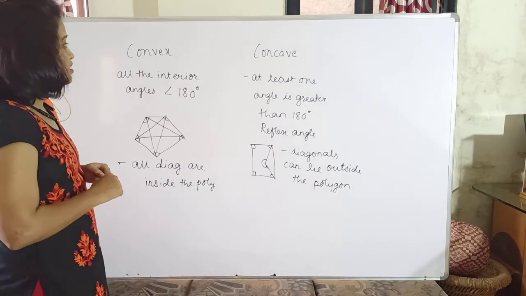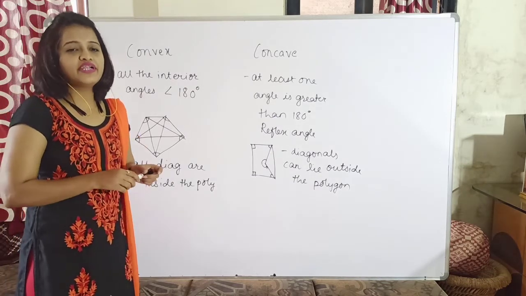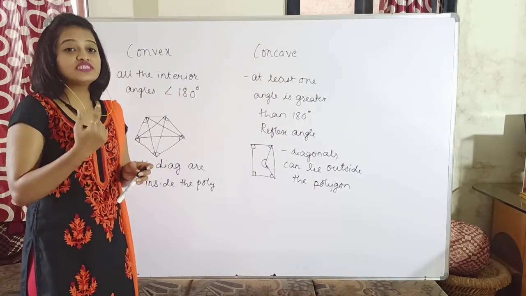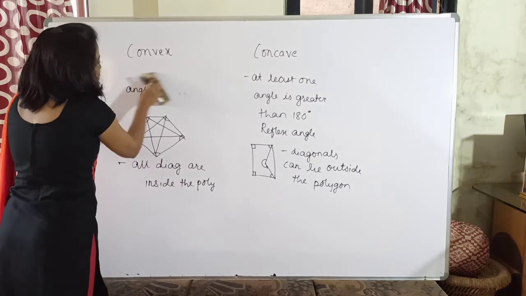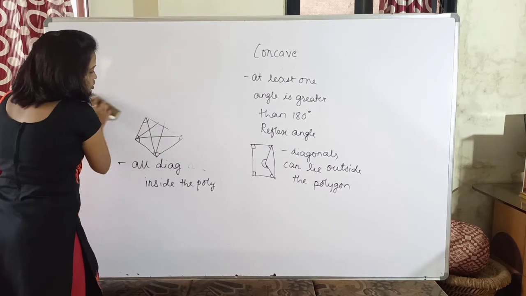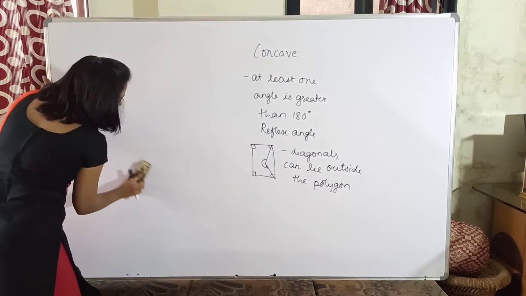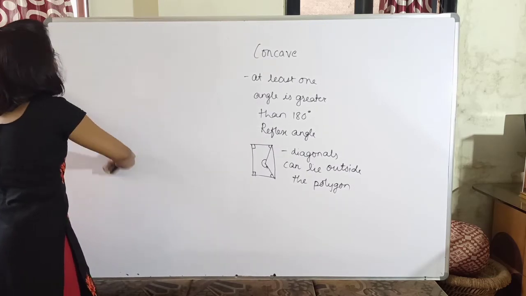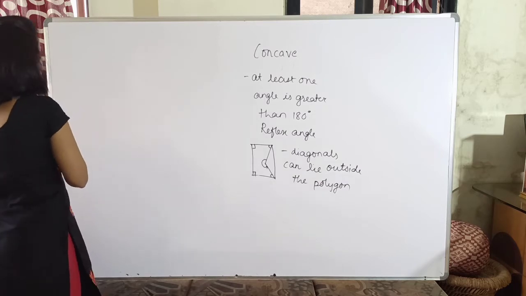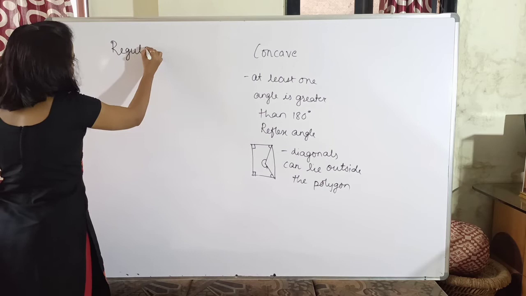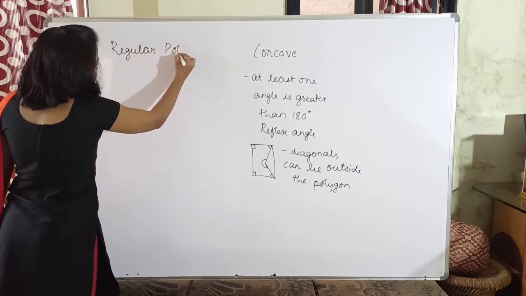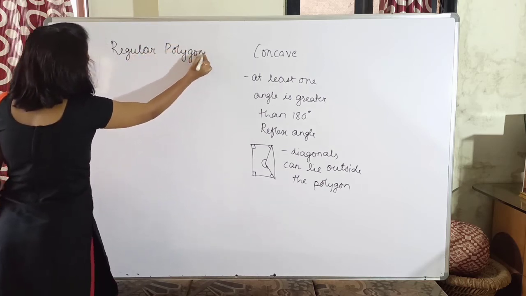Further, another classification of polygons depends upon the length of the sides and angles. If all the sides of a polygon are of equal length and all the interior angles are also of the same value, they are called a regular polygon. What is meant by a regular polygon?